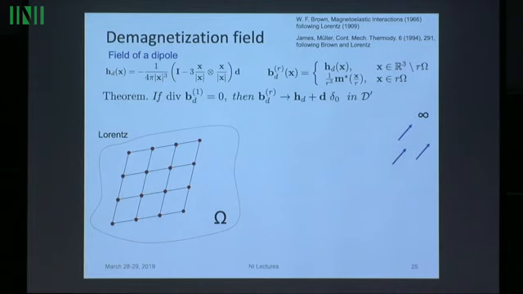So if you let r go to 0, this would converge in the sense of distributions to H_D plus a Dirac mass at this point. So that's the sort of precursor to the B field.